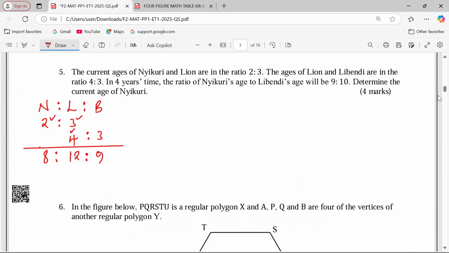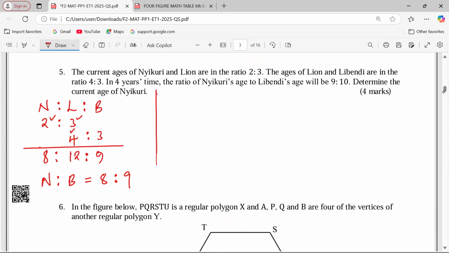Then now there is more instructions. We are saying that in 4 years' time, the ratio of Nyikuri to Libendi will be 9:10. So we know that currently Nyikuri to Libendi is 8:9. That is what you know.